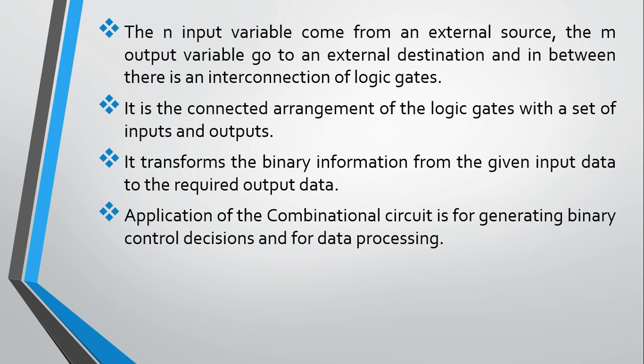Set of inputs and outputs means what? If you have used two input variables, it is said that you have used a set of two input variables. And over here, as I have told you, it is possible to get more than one output, right? So that is called a set of outputs.